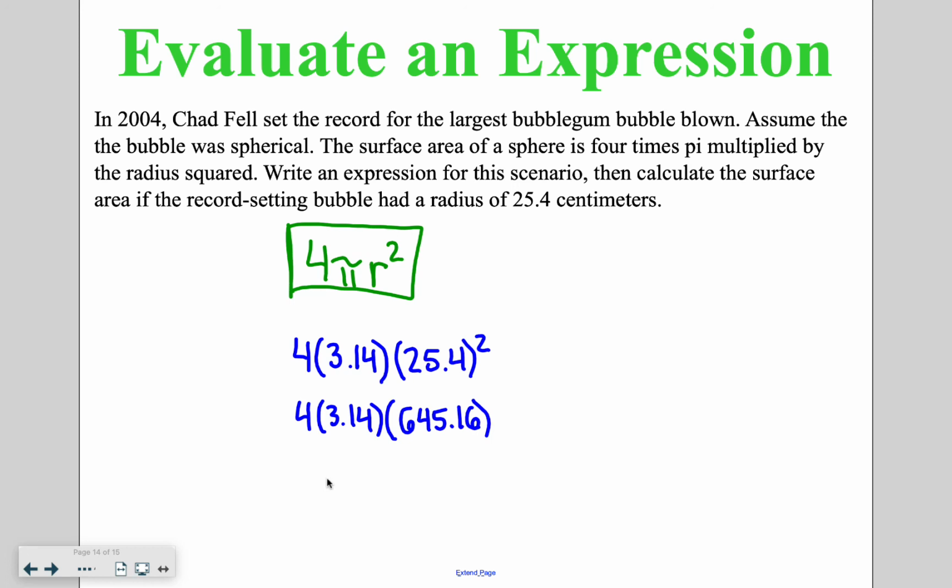Now we've got a couple steps of multiplication to do, and we get our final answer of 8,103.2096. And then because it's a word problem, we need to stick our label on there, so that is centimeters squared.